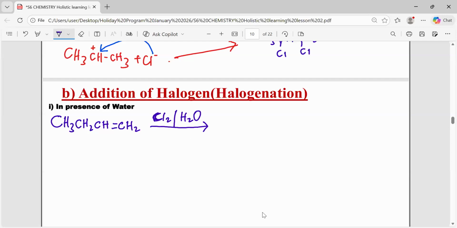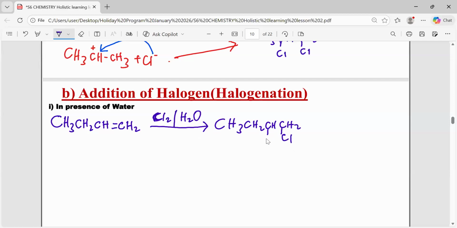Then the product is CH3, CH2, CH, CH2. What attaches here? On the first carbon atom there will be chlorine.